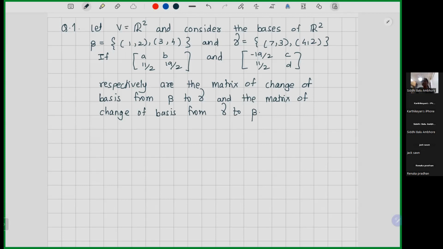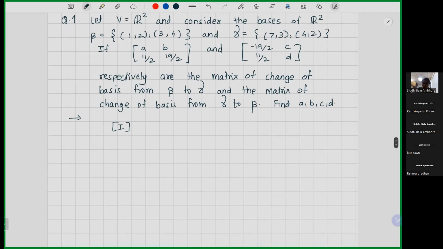What we need to do is find A, B, C, and D. So when we have change of basis from beta to gamma, it is equivalent to saying that it is the linear transformation matrix of the identity map corresponding to beta to gamma.